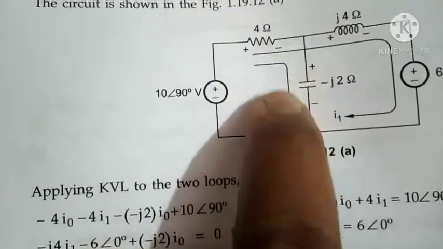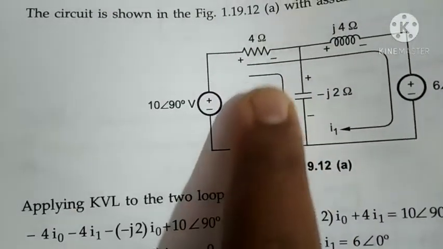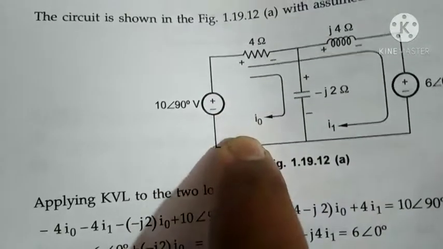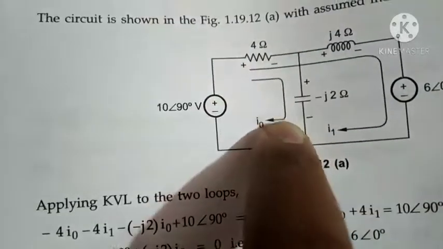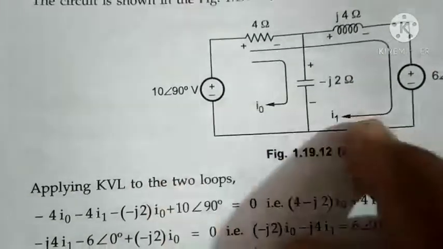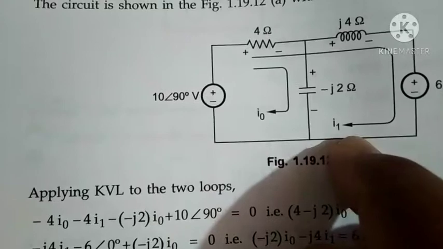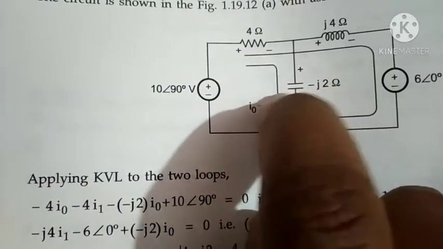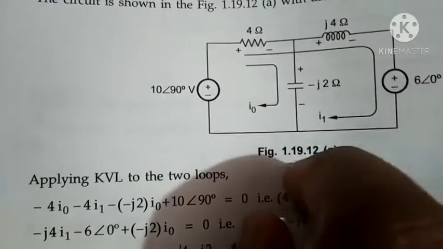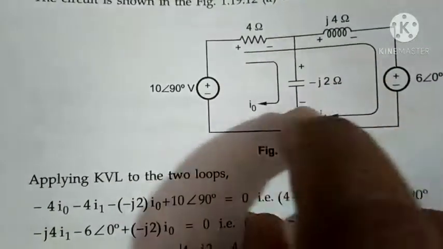So 4 into the current flowing through this one, they have written as I0, minus 4 into I0 minus 4 into I1, because instead of I1 and I2 they have written I0 and I1. Regular KVL they have applied.